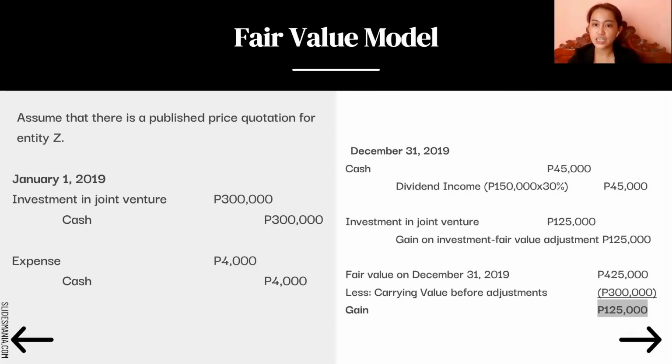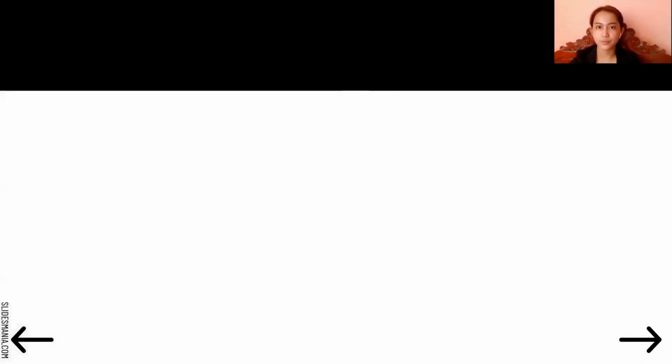The computation is fair value on December 31, 2019 amounted to 425,000, less carrying value before adjustments amounted to 300,000, so the gain is 125,000. On December 31, 2019, the venturers will report a 425,000 value in their statement of financial position.